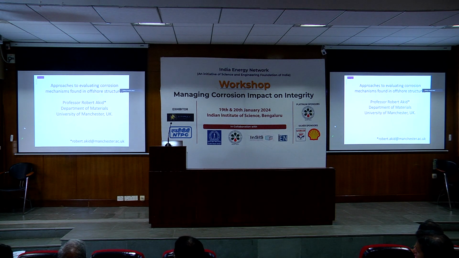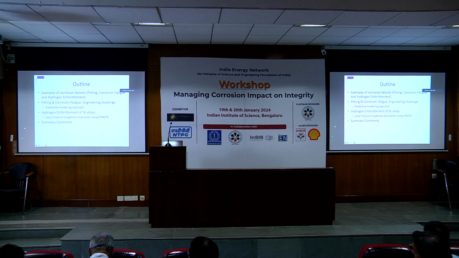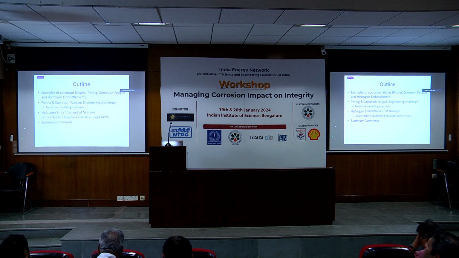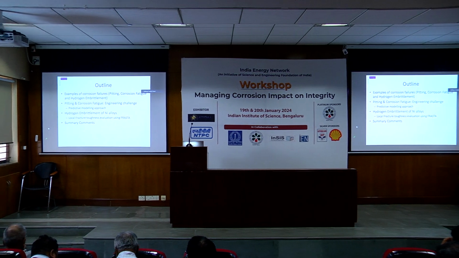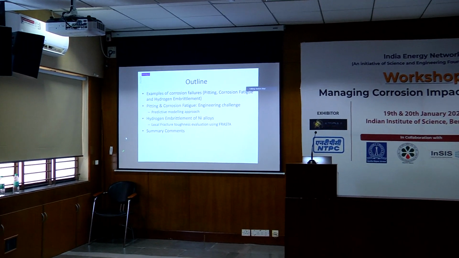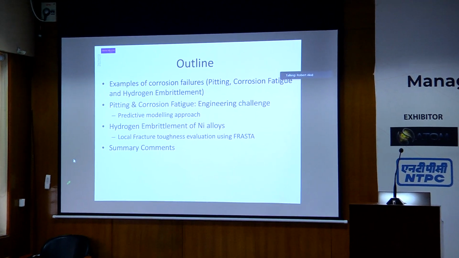So I'll cover some examples of corrosion failures, corrosion fatigue and hydrogen embrittlement, and then specifically look at those types of corrosion failure. In terms of pitting and corrosion fatigue, we've been looking at how we might conduct modelling to predict that damage process.